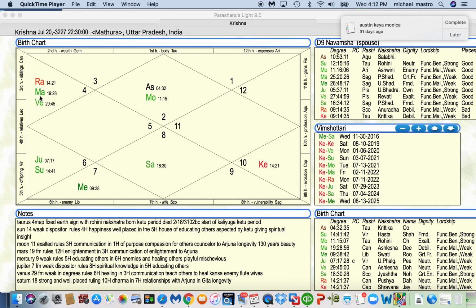The other planets, Sun, Mercury, Saturn, Moon, are all benefic planets.